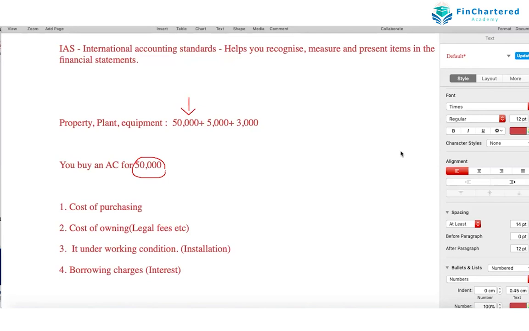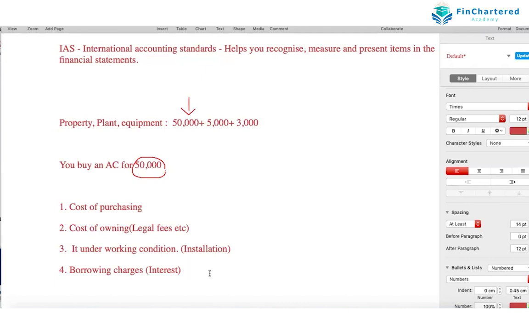Without the loan, without paying interest, can you own the AC? Others, what do you feel? Suppose you have no money, you have to take a bank loan. There will be interest. Without that, can you own it? No. Therefore, borrowing charges will also be included in the measurement of the PPE.